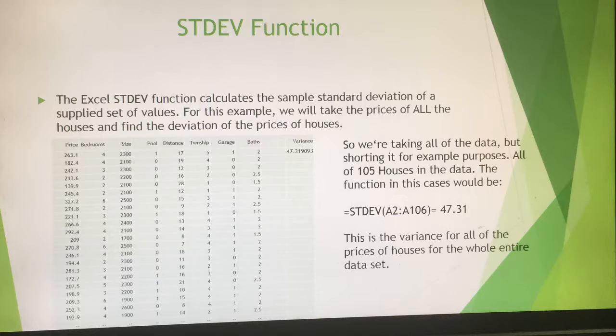We're going to pick A2 because that's the price of the house. And like I said, for example purposes, we're going to take A106 because that's the last of the data set. Close parentheses, and then it's going to equal 47.31. This is the variance for all of the prices of the houses for the whole data set. Once again, this is shortened for example purposes.